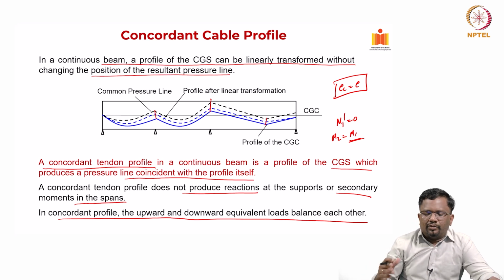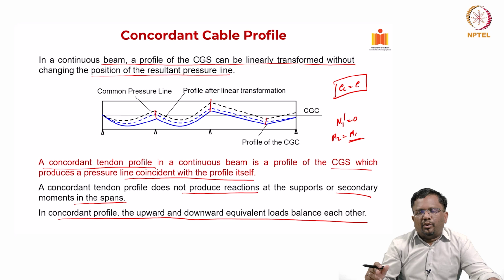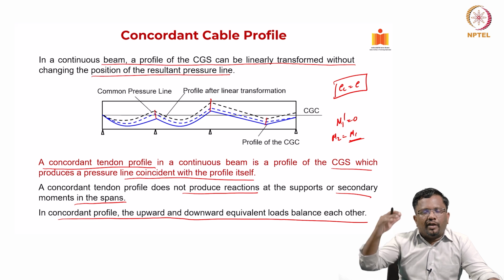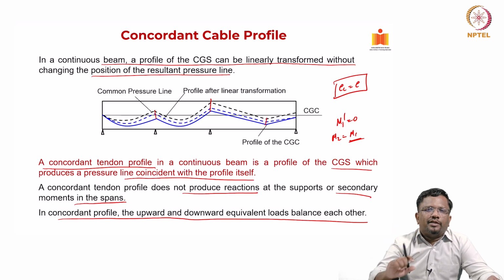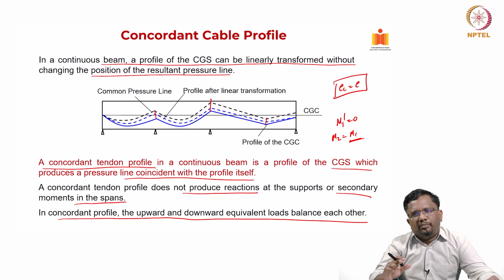So, you try to avoid secondary moments, but there is no need for you to avoid them. You can consider the secondary moments, calculate them appropriately and include them. In fact, we have seen that the secondary moment can help in reducing the demand at the negative moment regions, which are basically support regions, but it may increase the positive moment in the span location.